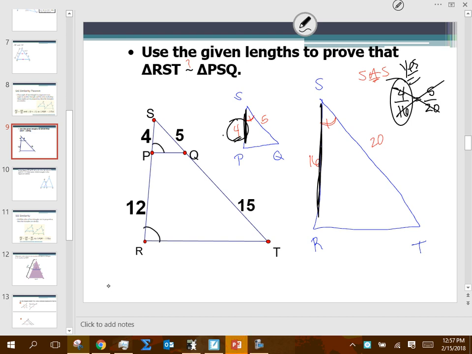They're congruent, because that's a conclusion that comes from side angle side similarity. Once you have two shapes that are similar, you know corresponding angles are congruent. Those two angles correspond. So what's that tell you about PQ and RT? They are indeed parallel, because we had a theorem back in chapter 3 that said if two lines are cut by a transversal such that corresponding angles are congruent, then the lines are parallel.